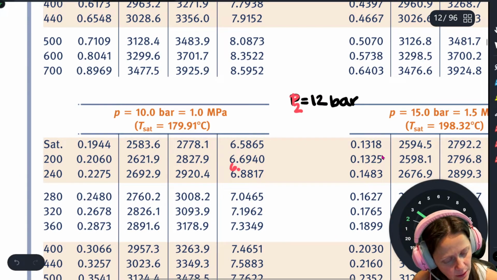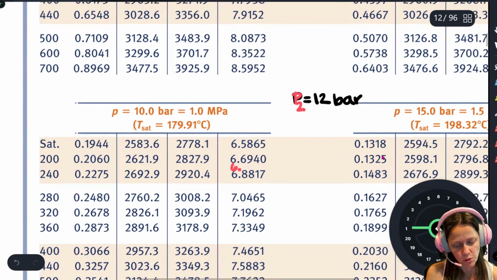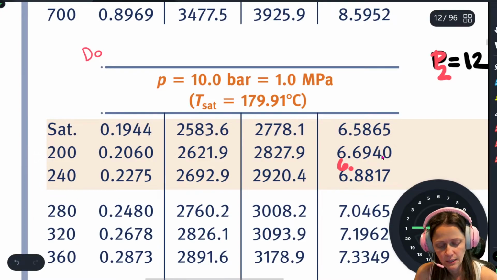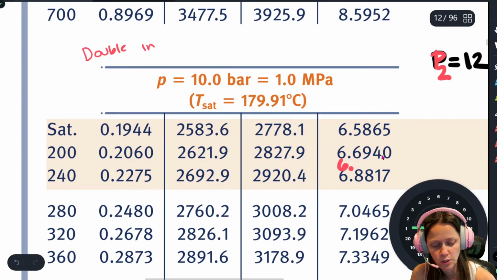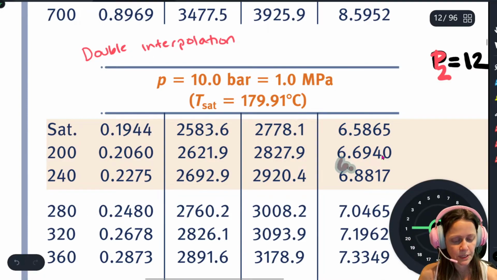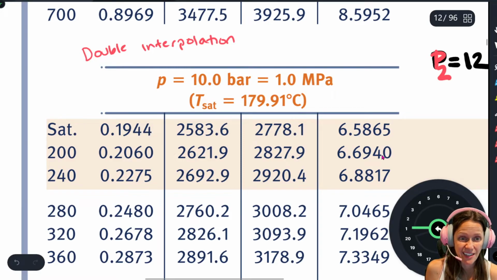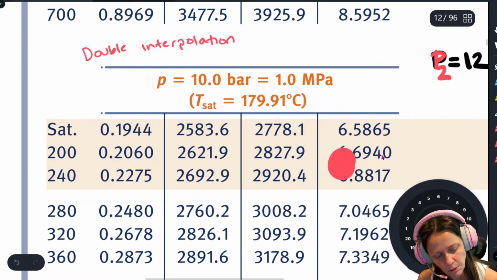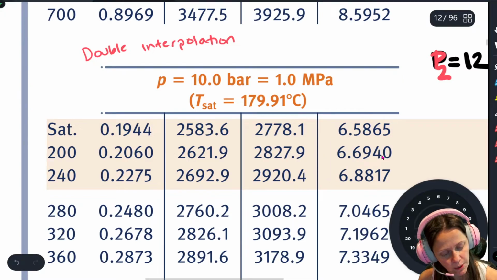So what I'm doing, I'm filling in some blanks. This is a double interpolation, and it's something that I referenced on the video for interpolation, but we really haven't done it because it is kind of time intensive, but it's worth it to at least go through it maybe once or twice.